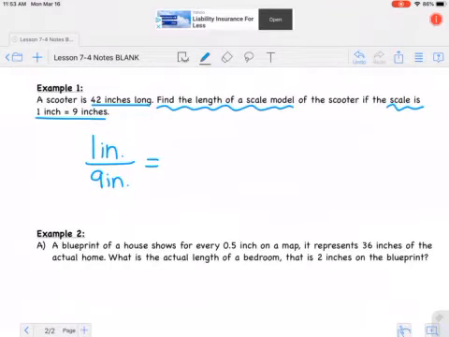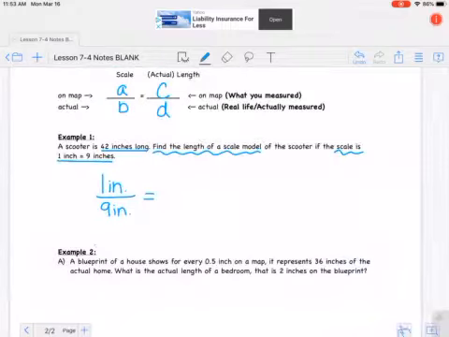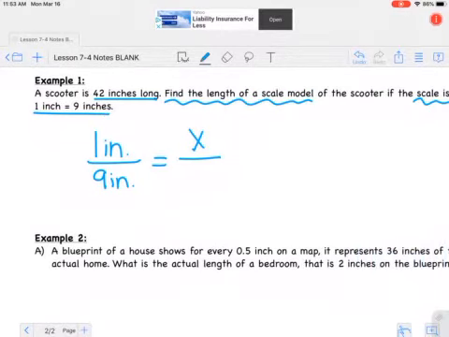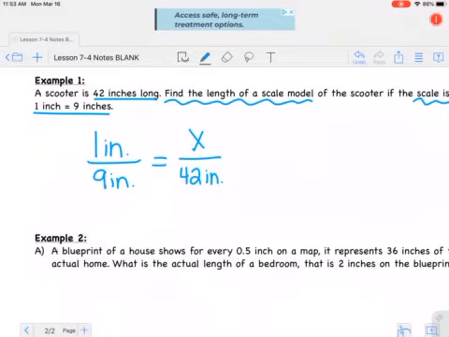Remember the top is what you need to measure over the actual. We aren't told the length of the scale model of the scooter, so that's going to be our x, and then that's going to be over 42 inches because we are told that the scooter is actually 42 inches.